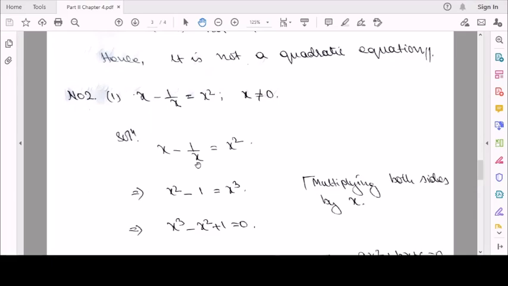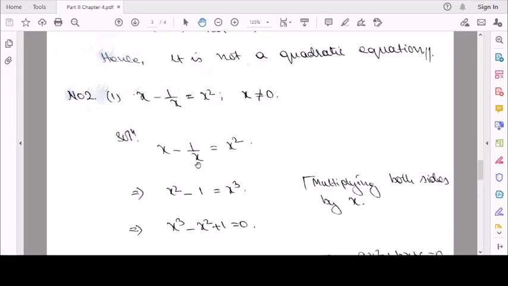Okay, the next step. Now x cubed, if you bring it to the left, it will be minus x cubed. It will not look nice if you keep a negative first. We'll try to keep this x cubed on the same side, but this left side we will take to the right side.